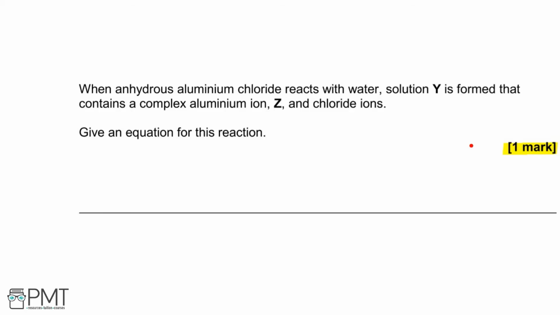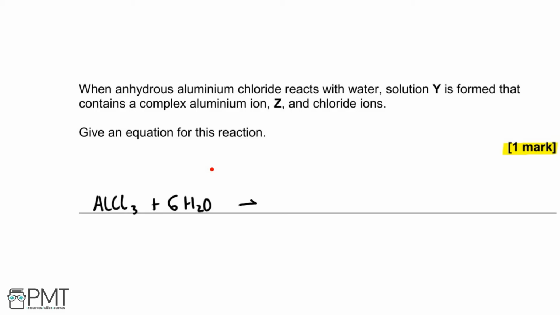So our aluminium chloride is AlCl3, and obviously our water is H2O. Now we are forming a complex aluminium ion, so these complex metal ions can support up to 6 water ligands, so we are going to need 6 water molecules here.